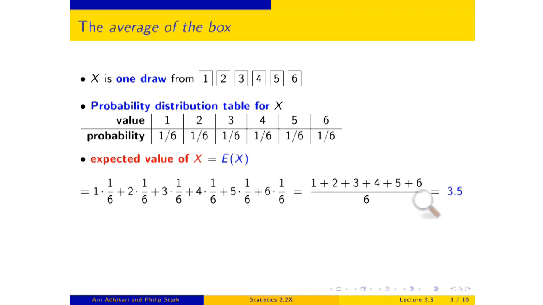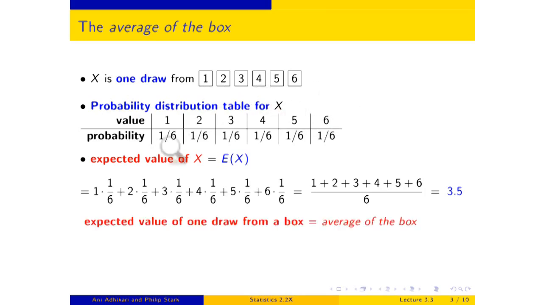And so what we have observed is that if you draw once from a box of tickets, then the expected value of that single draw is what is sometimes called the average of the box. An average of the box is a lazy term for the average of the numbers on the tickets in the box.